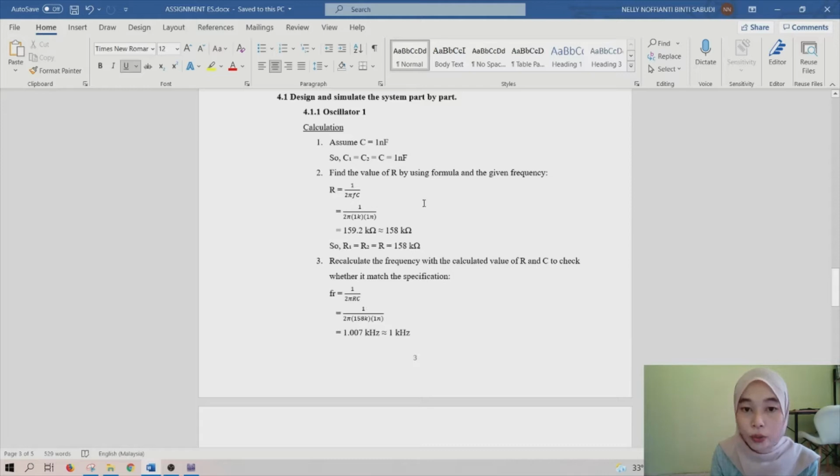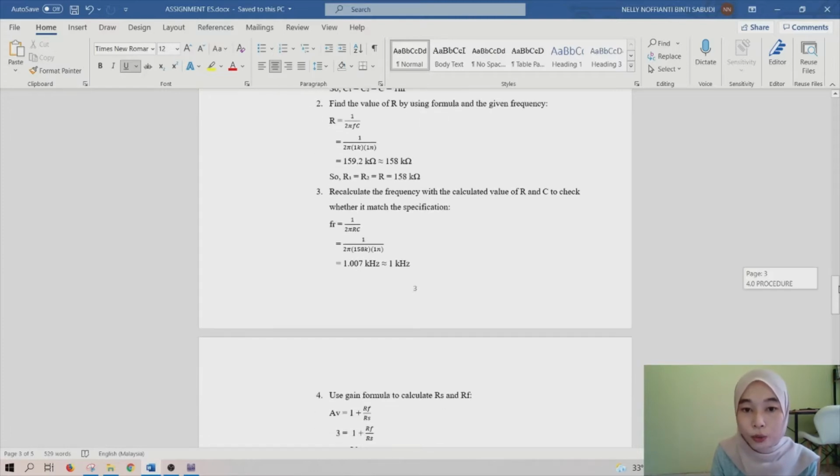Since we have the value of the frequency and the capacitor, just reorder the formula to obtain the resistor. In my calculation, I got 159.2 kilo ohm, so approximately I am going to use 158 kilo ohm for my resistor 1 and resistor 2.